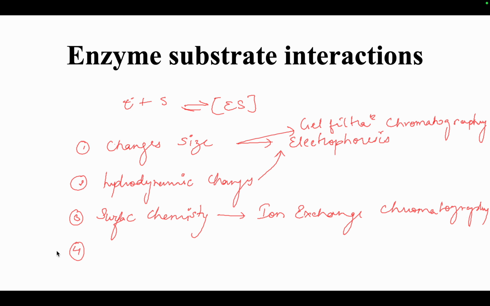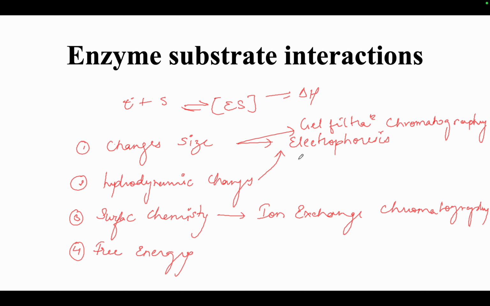And finally, there could also be change in free energy, or there could be change in the overall enthalpy. Whenever there is formation of this enzyme substrate complex, it could release enthalpy, or it could be either an exergonic process or an endergonic process, that is, it could either release heat or take up heat.